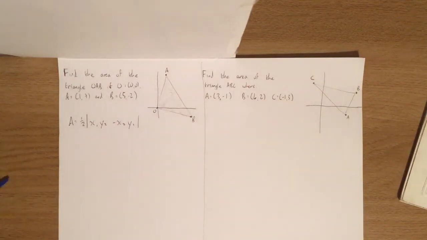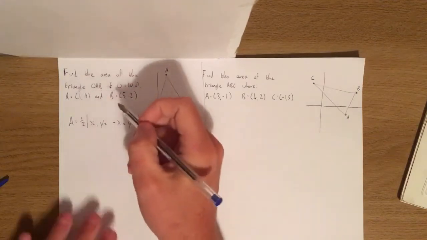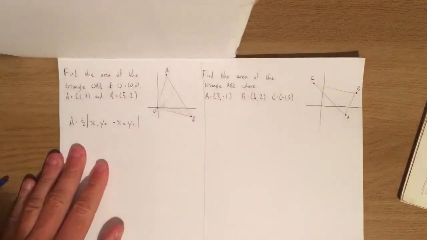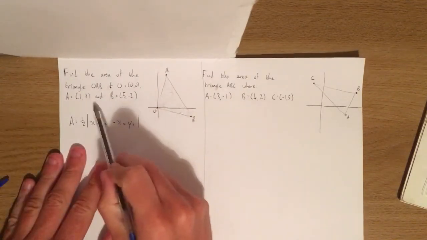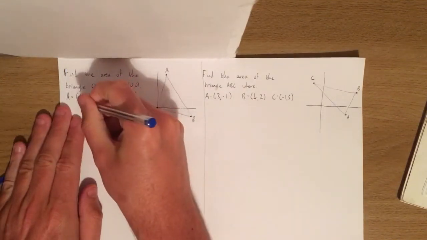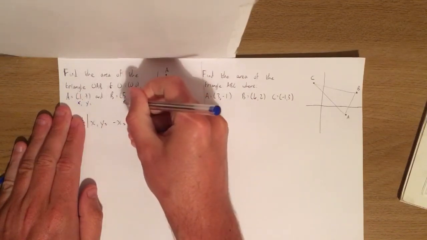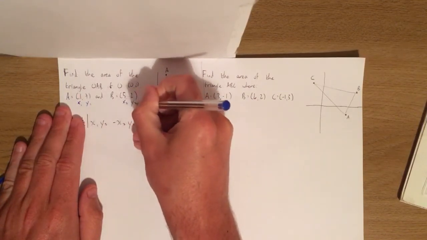Okay, but as I say, the formula has x1, y1, x2, y2 in it, so I need to label my points. Okay, you don't use 0, 0, so that's just what you need to use this formula. It's the other 2 points that you label. So I'll call this one over here x1, y1, and this one over here x2, y2.